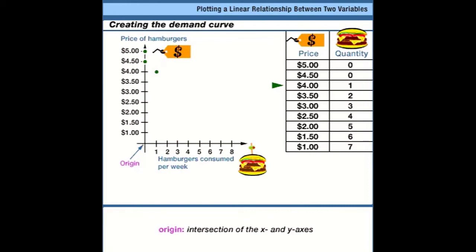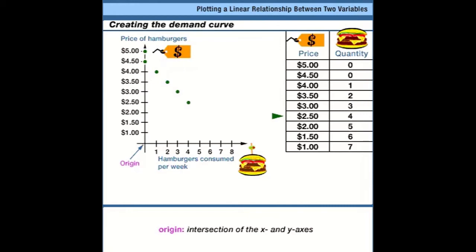At a price of $3, Bob buys 3 hamburgers per week. So now we have a point that looks like this. At a price of $2.50, Bob buys 4 hamburgers. So that lets us drop down to another point like this, $2.50, 4 hamburgers.